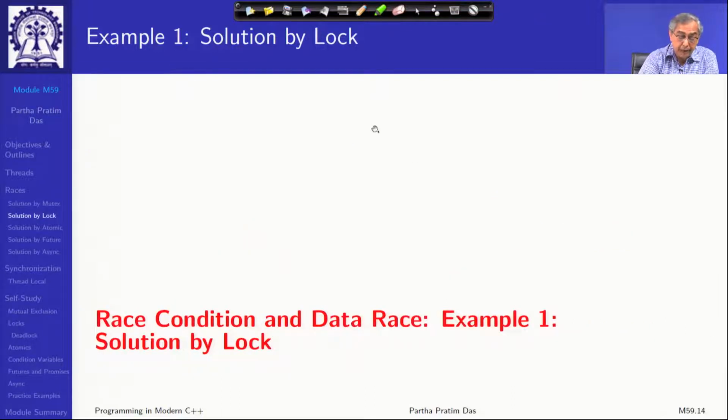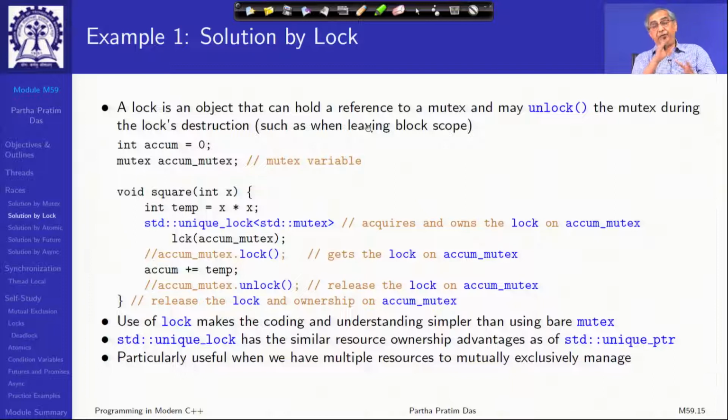Now, we will introduce a modification or a refinement of this mutex solution using something known as a lock. Lock works in this way: again, suppose you have a mutex variable on which you could have done mutex.lock, mutex.unlock, as you have been doing here. But instead of doing that, you do this.